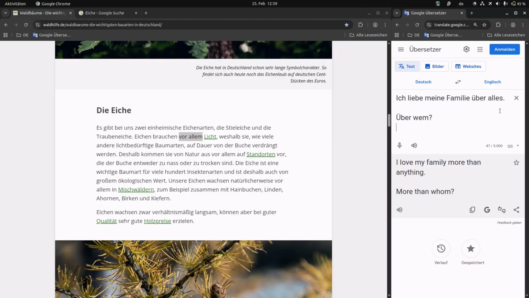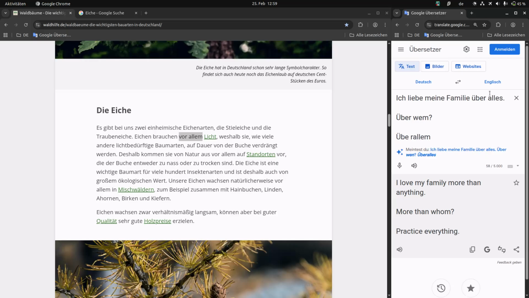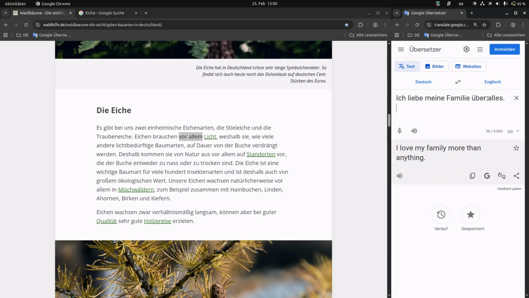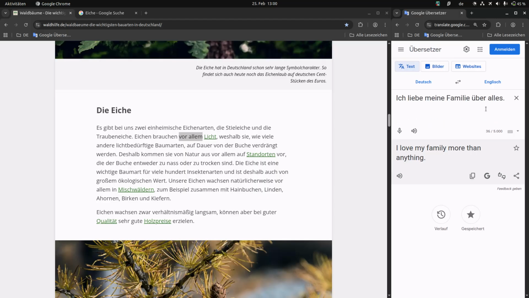But in this case, I think because it's a saying, this is the correct spelling. I don't know, Google was about to correct me, saying über alles was written this way, but I'm not quite sure.